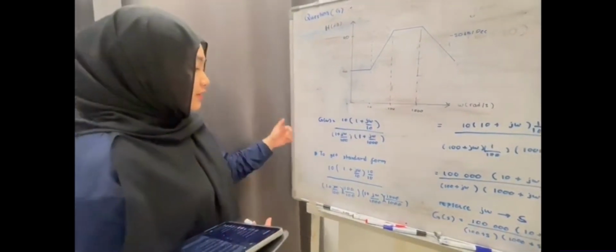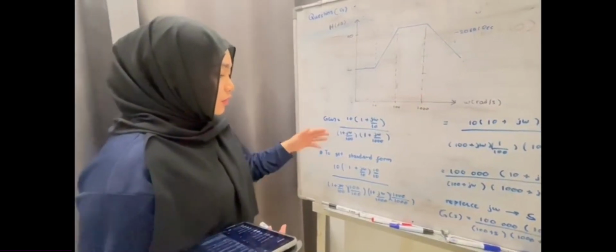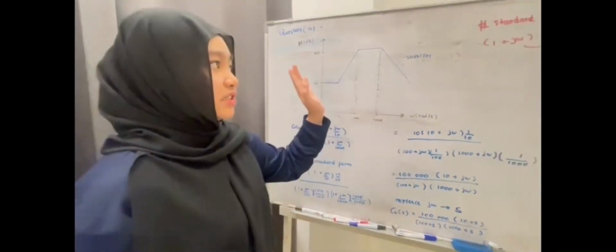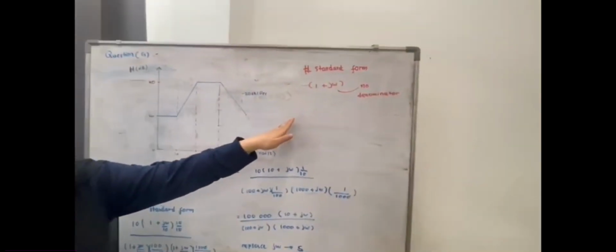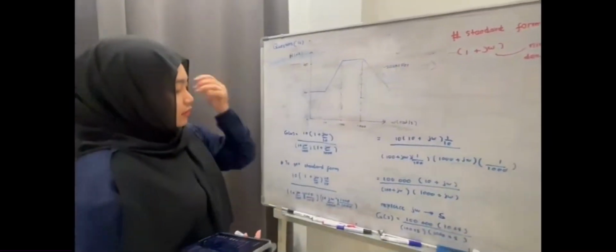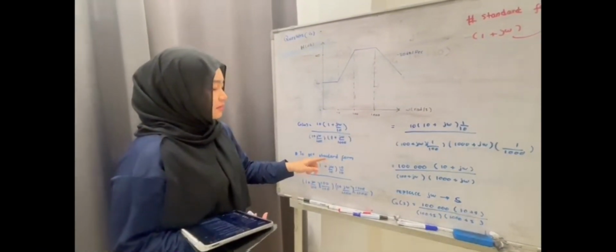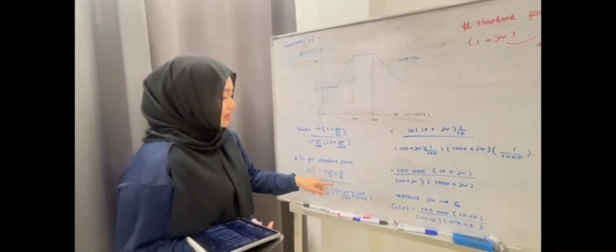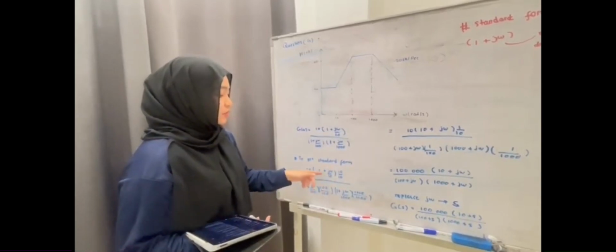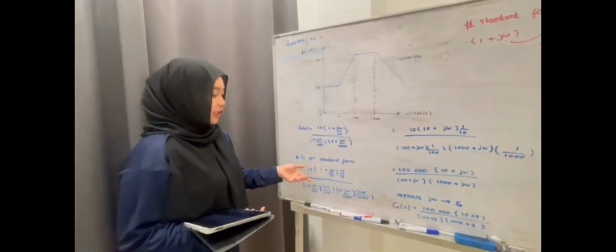To get the standard form, we need to eliminate the denominator, because in the standard form there is no denominator. So we need to multiply the numerator and denominator by the same number, for each term with j omega inside the bracket.